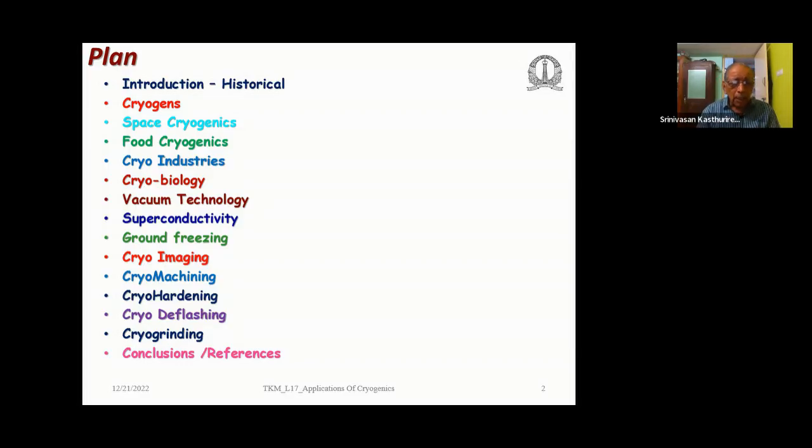Then there are industrial applications of cryogenics. Biological applications, then applications in the area of vacuum technology, then superconductivity. We have already seen some part of it; we'll see it again, no problem. And then there are applications for ground freezing using liquid nitrogen.